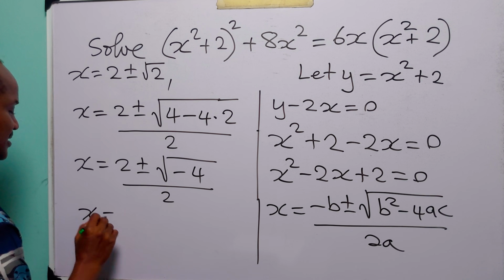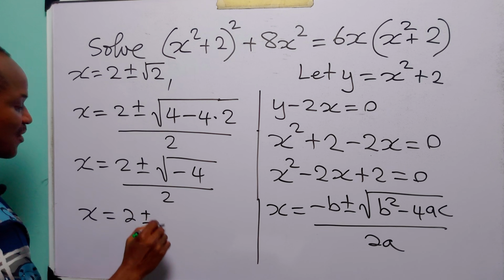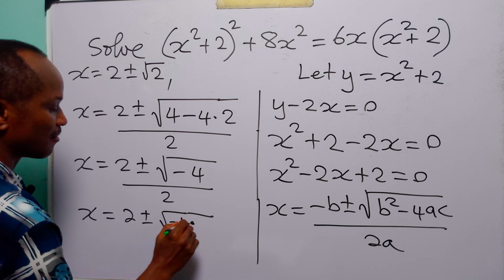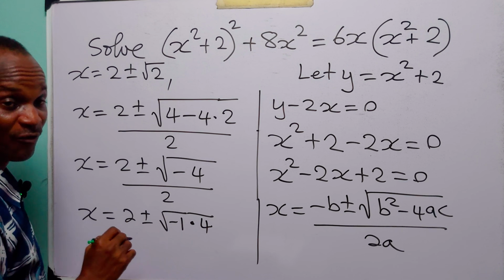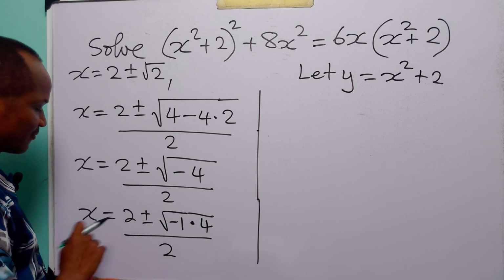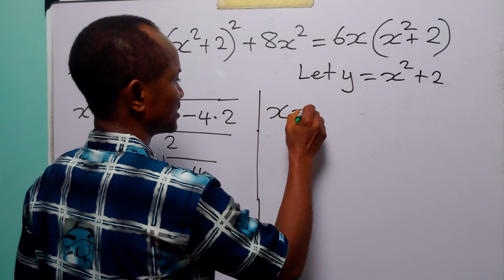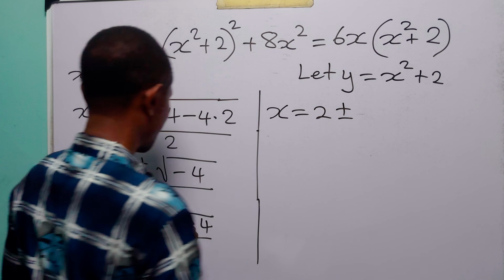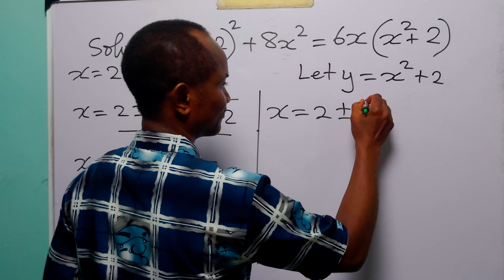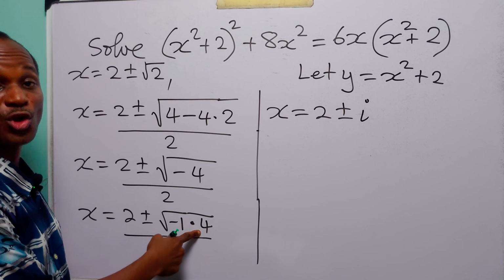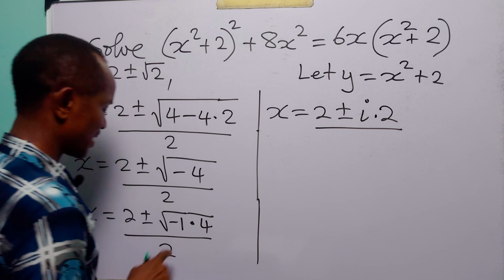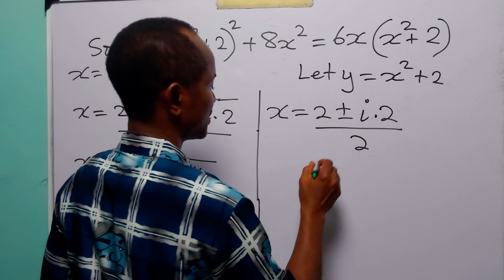Now, we have that x is equal to 2 plus or minus the square root of minus 1 multiplied by 4 over 2. And from here, we have that x is equal to 2 plus or minus the square root of minus 1 is i, and the square root of 4 is 2, divided by 2.